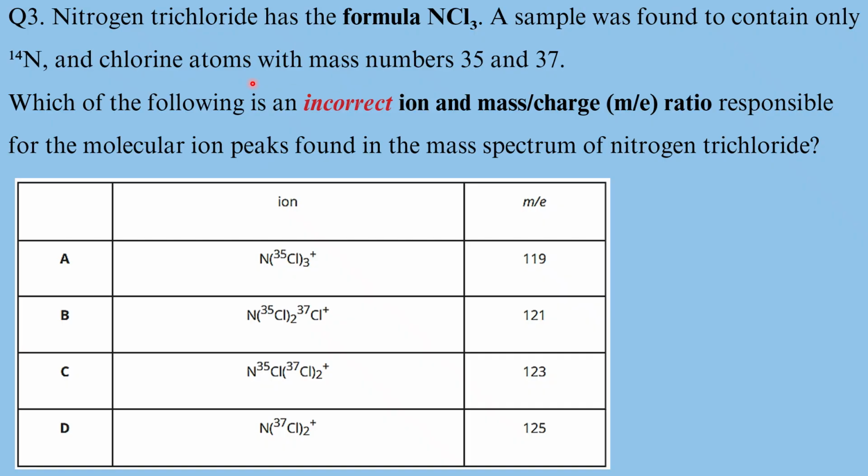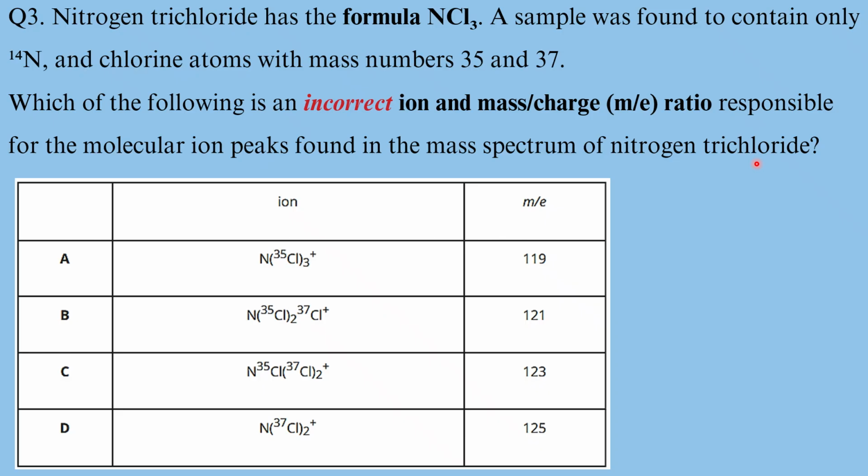Now the third question: nitrogen trichloride has the formula NCl3. A sample was found to contain only nitrogen-14 and chlorine atoms with mass numbers 35 and 37. This means we have both isotopes of chlorine. We have to select which of the following is an incorrect ion and mass to charge ratio responsible for the molecular ion peak found in the mass spectrum of nitrogen trichloride.